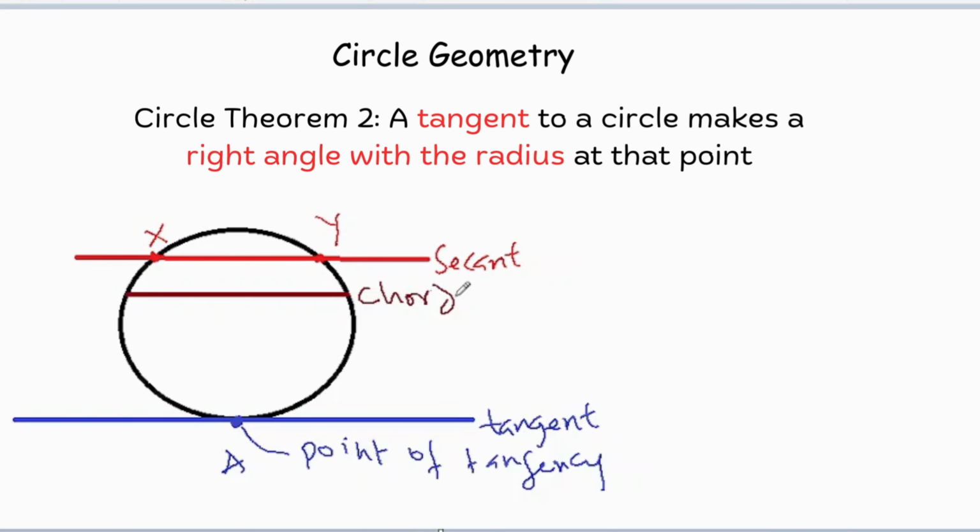Now, let's go back to the theorem. The theorem once again states that if a line is tangent to a circle, that line is said to be perpendicular to the radius of the circle at that point of tangency. Here's our circle. Let's have our tangent again.